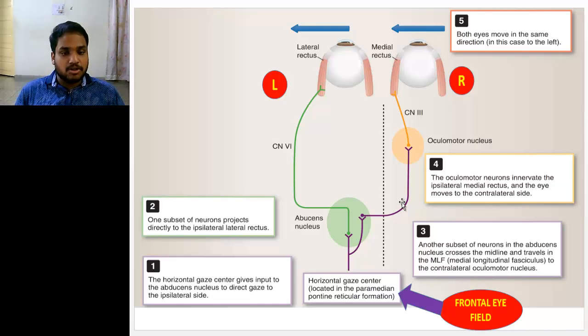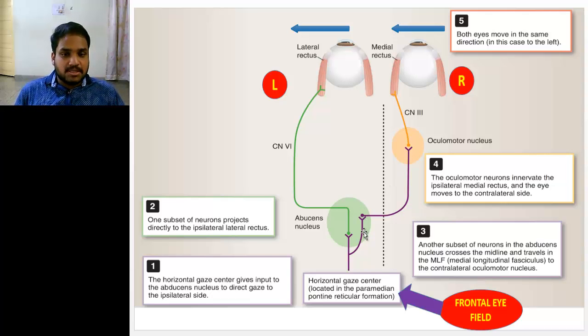It connects the right oculomotor nucleus with the left abducens nucleus. Remember this, otherwise you will confuse.